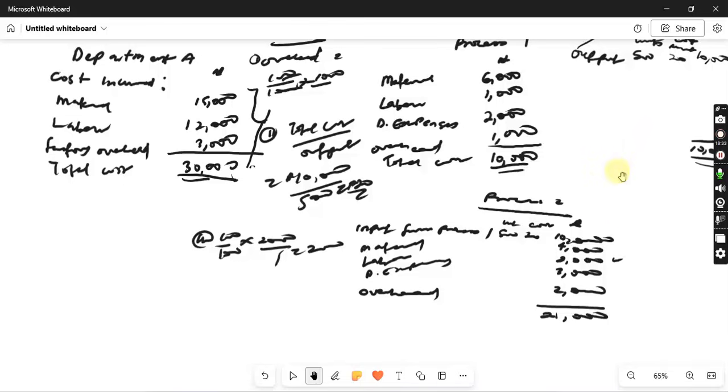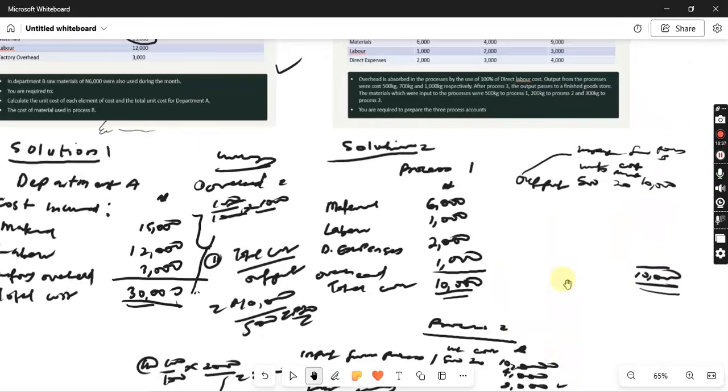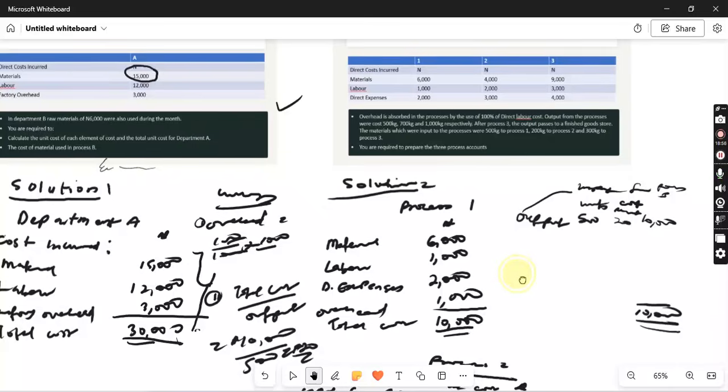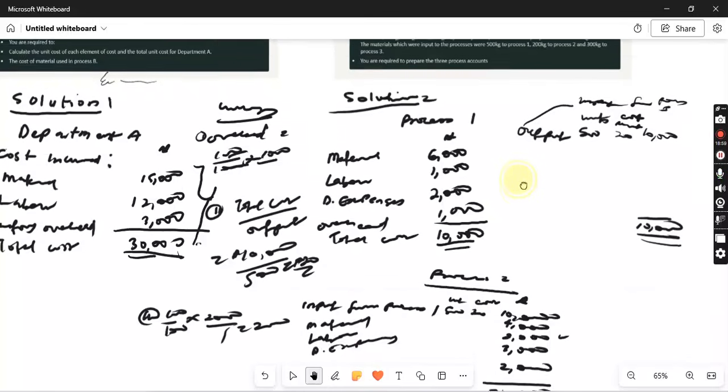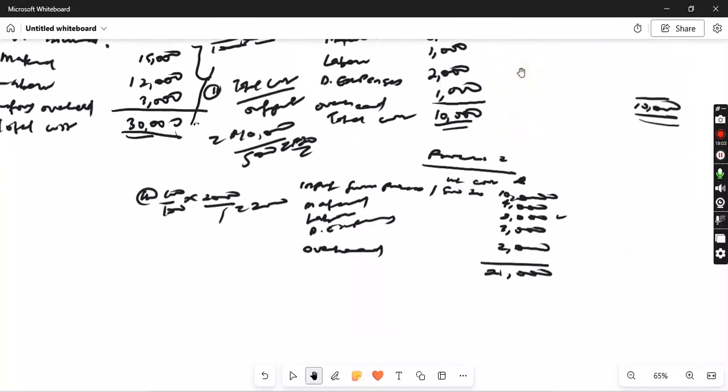So at the end of the day, we have a total cost of 21,000. Now, let's go back to the question. The output from the processes were 500 kg, 700 kg, and 1,000 kg, respectively. So for process B, the output is 700 kg.